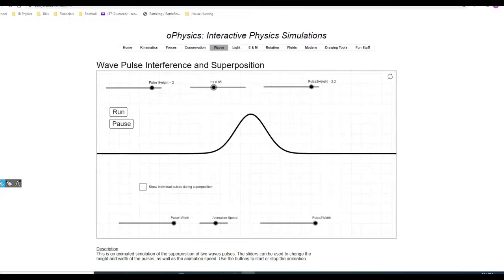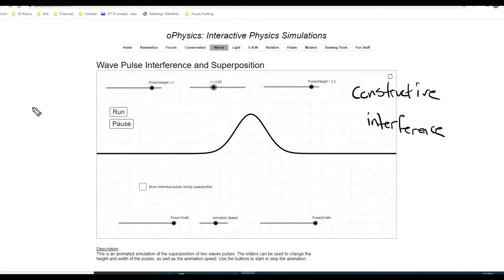This is called constructive interference. The two waves are interfering with each other, and it's constructive because they're forming a larger wave. They are constructing a larger wave.